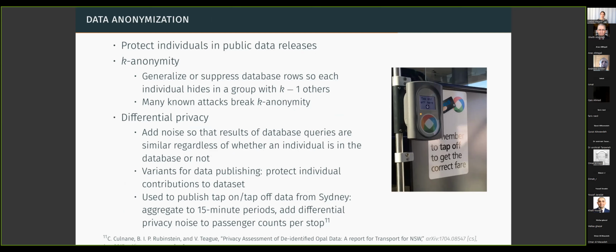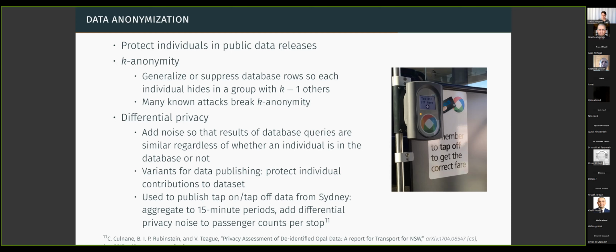That might be useful information for all kinds of businesses, maybe to determine the opening hours of their stores, or any other scenario you can think of. So the idea there is we want to publish this data, but we don't want people to be able to find out individuals in that data release and tell what these individuals have been doing.